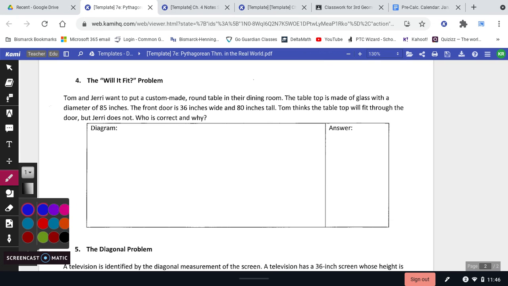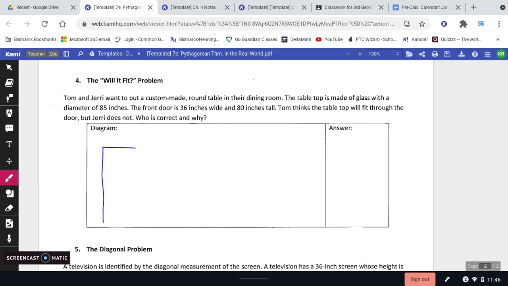Who's correct? Okay, so we have this door, and it is 36 inches by 80 inches. Well, the only way this tabletop is going to fit through this door is if you can tip it, because if you stand it up on its side, it's 85 inches tall. It's not going to go through this door.